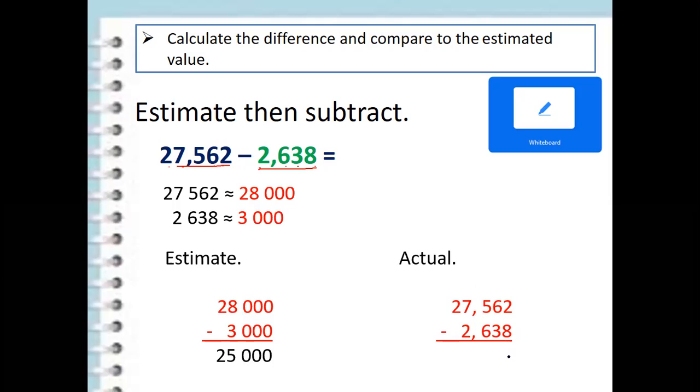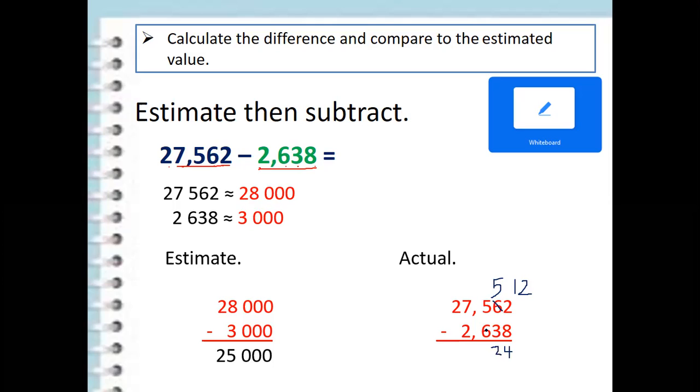If you have 2, can you remove 8? No, you cannot subtract 8 from 2. Therefore, we borrow from the tens place. This becomes 5, and the 2 now becomes 12. Can we subtract now? Yes. 12 minus 8 is 4.